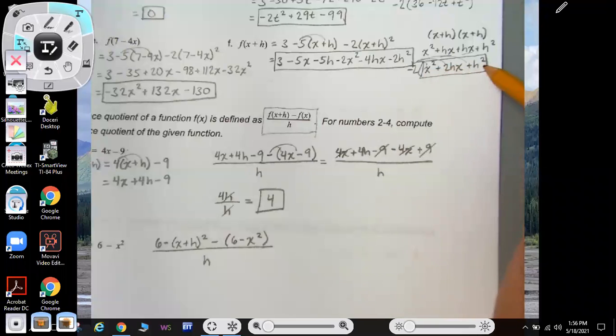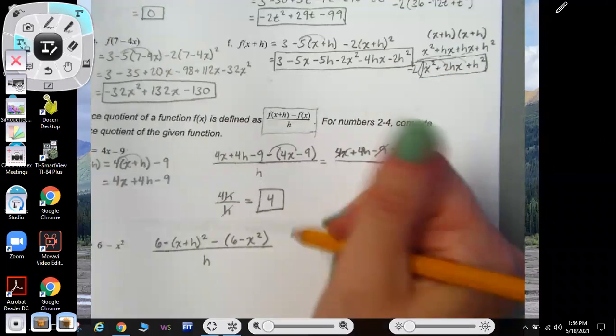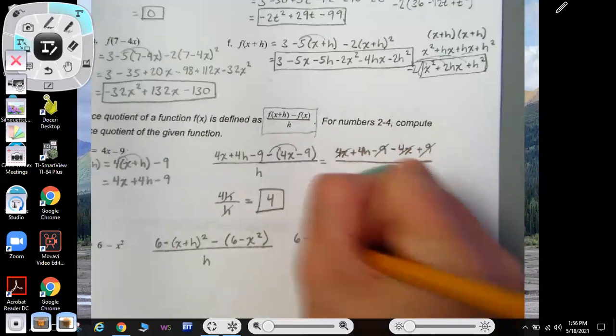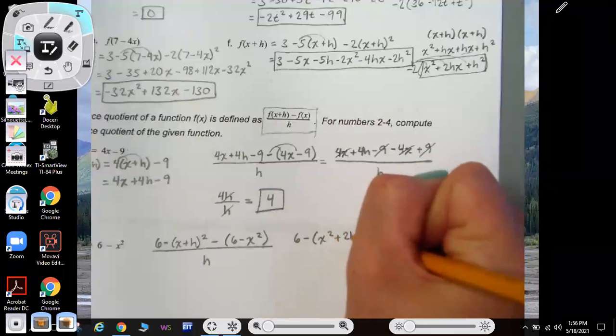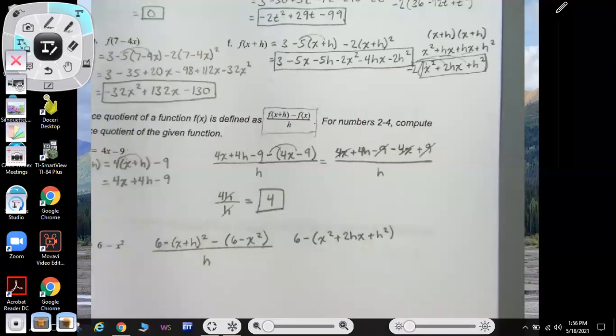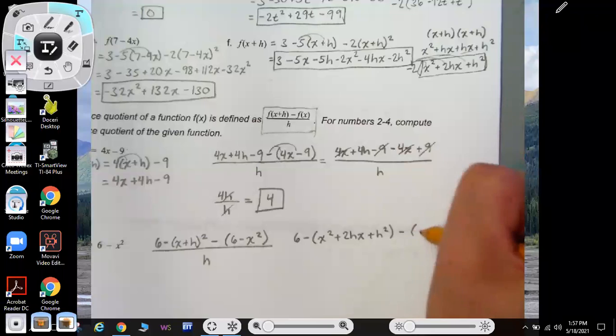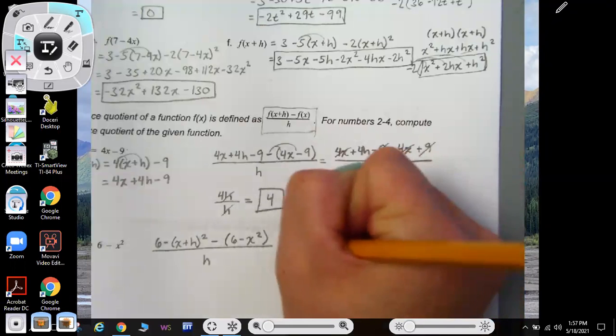So rather than do that work again, I'm just going to use that. So we've got 6 minus x squared plus 2hx plus h squared. Minus 6 minus x squared, all of that over h.